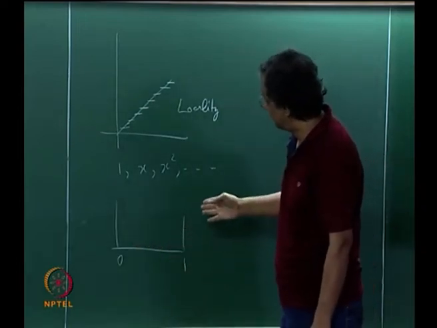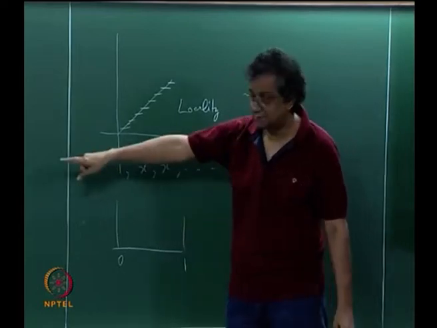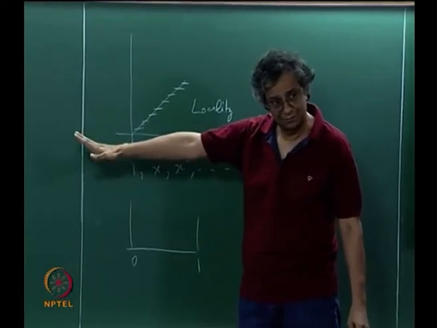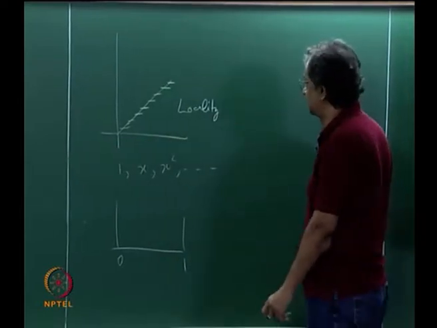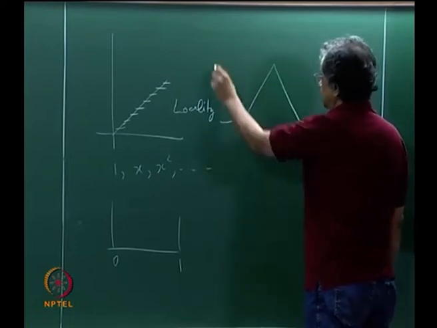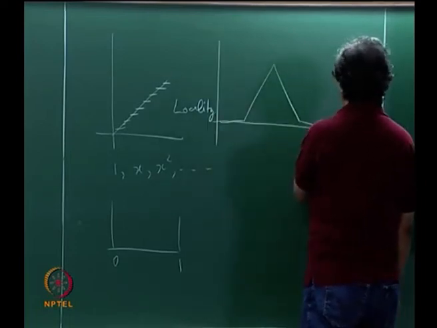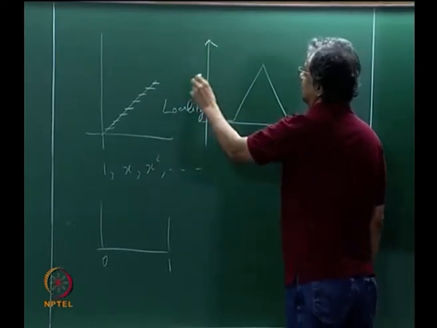So now we are able to represent functions. We basically combined this idea with the non-overlapping intervals or supports to construct hat functions, to construct functions that look like this. I just call it f.